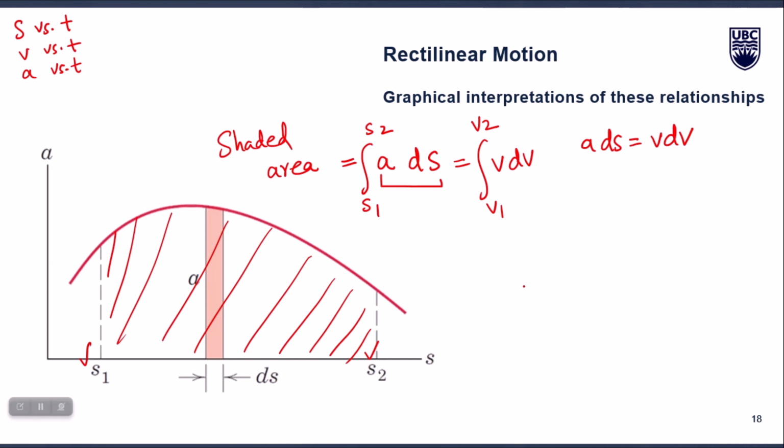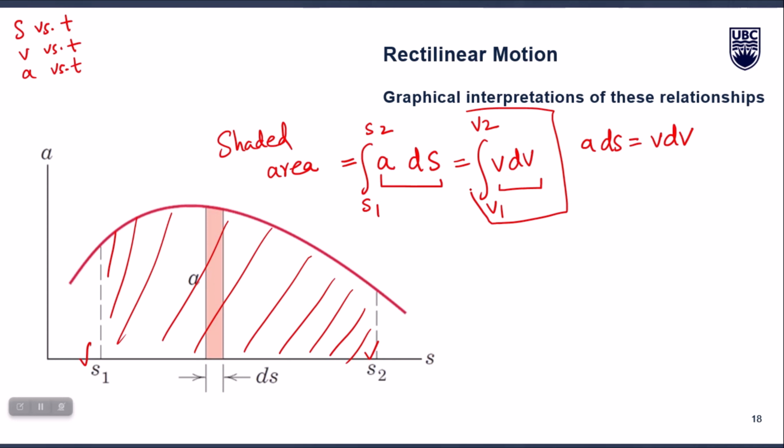So we will be having this integral, and now the whole integral is in the same variable, velocity. Previously it was acceleration being integrated with respect to displacement, but now it's velocity being integrated with respect to velocity. So we can evaluate this integral also.